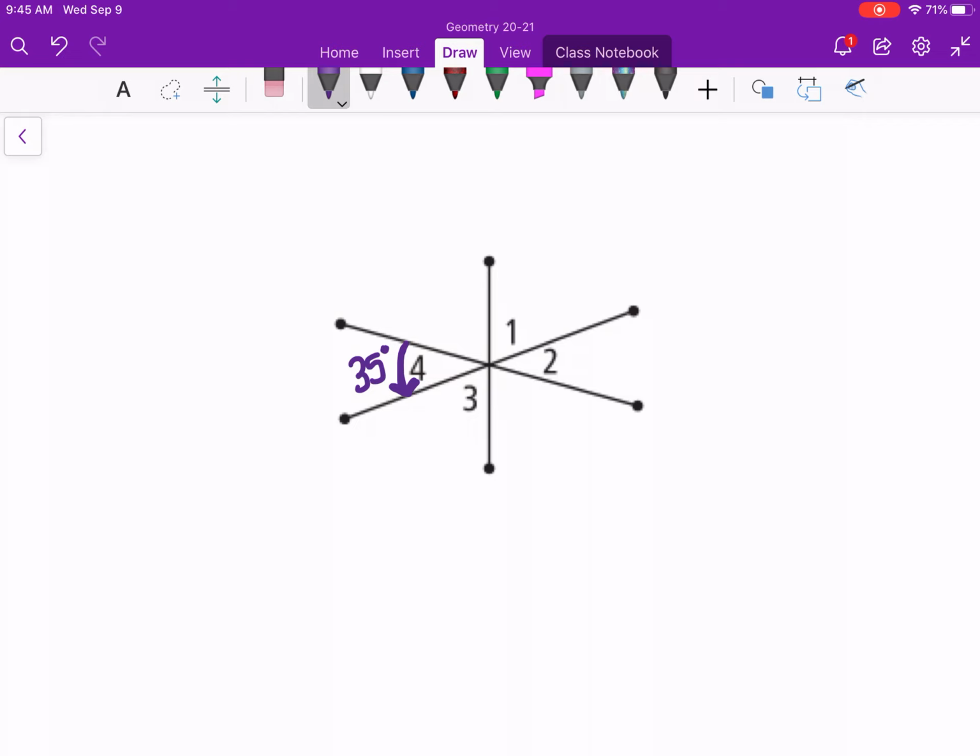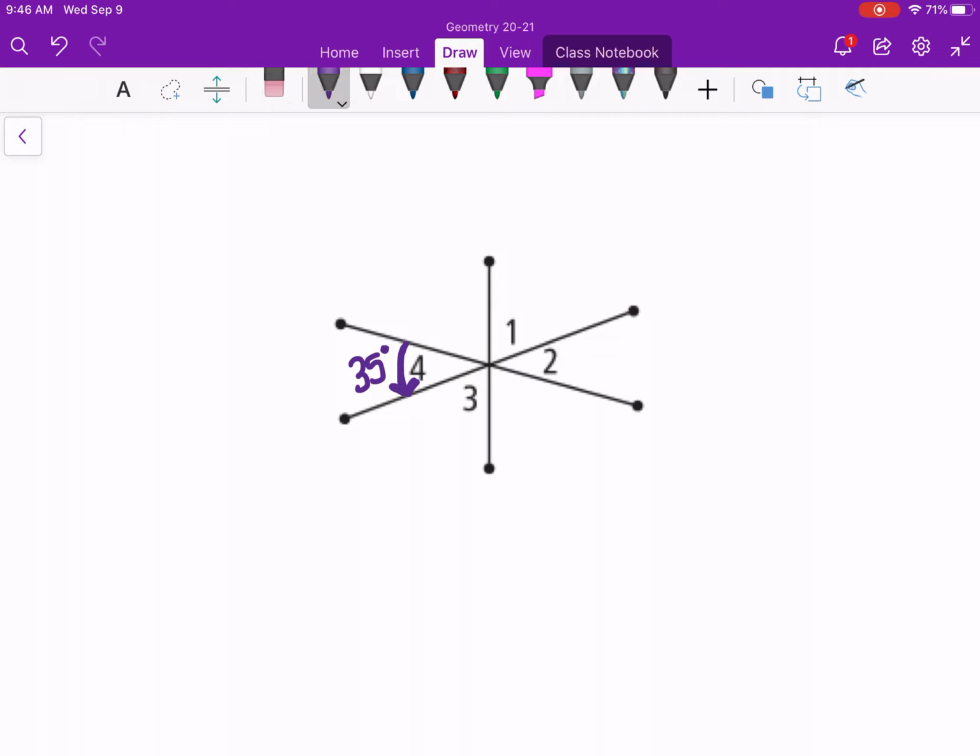So let's say anytime I see a straight line, all of the angles that come together, so this angle plus this angle plus this angle, always have to equal 180. And I can say that about any straight line in this picture. So if I pick this straight line, then angle 1, angle in the middle, and angle 4 would have to add up to 180 because every straight line is 180 degrees.